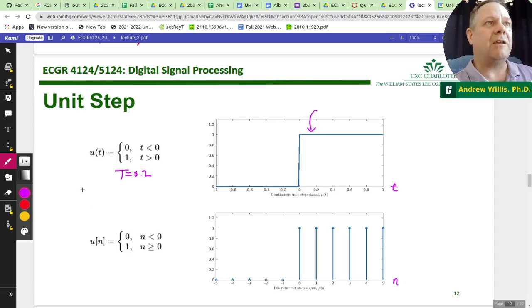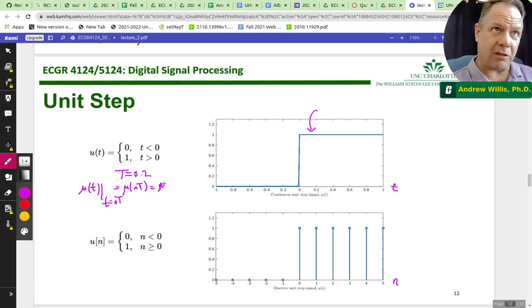Then we decide to sample the function u of t at times t equal to n times capital T to get u of nT, which when we substitute in the discrete index n gives us u of n. This is how we go from a continuous function to a discrete function.